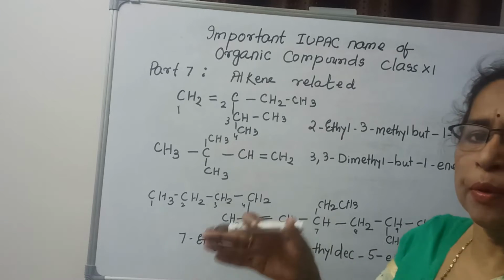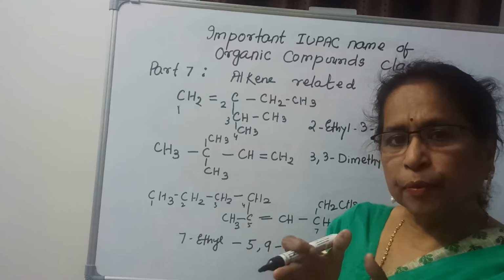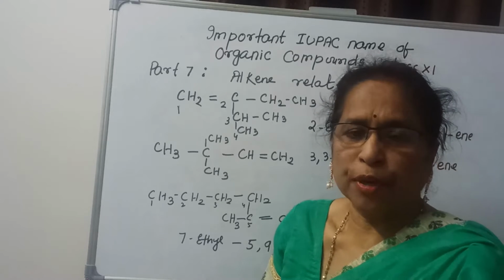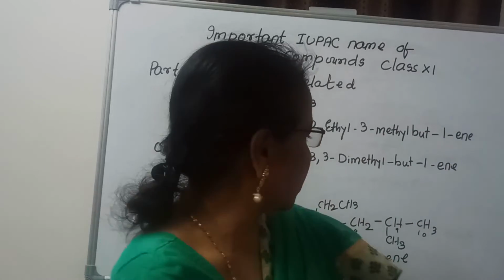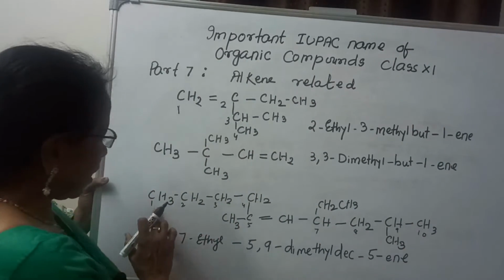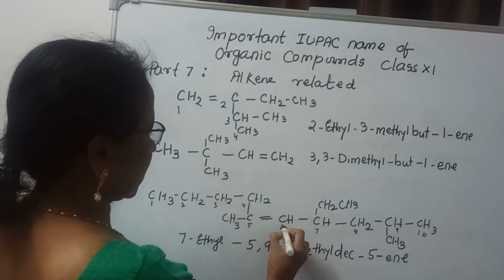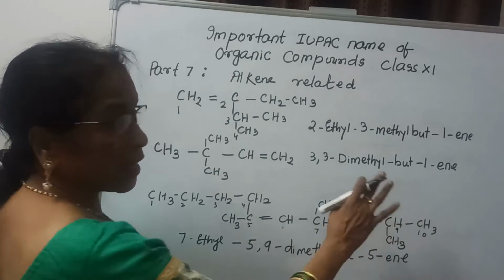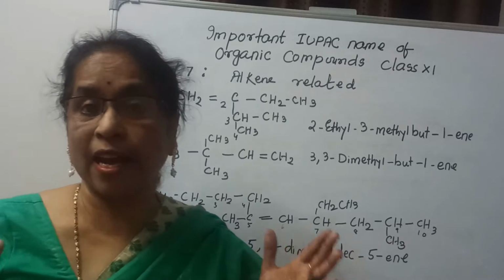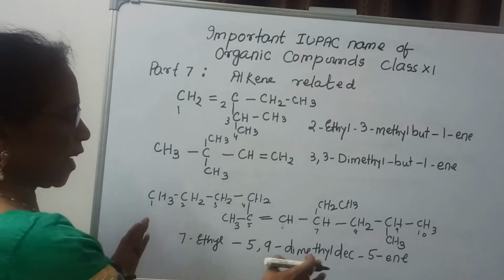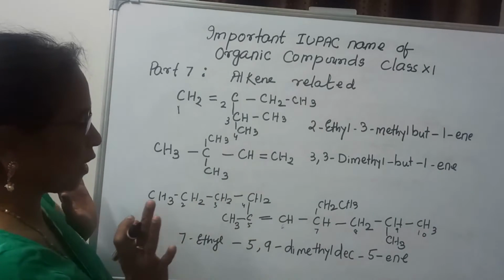And here also you can see, this is a very complicated structure you can feel, but if you break it down easily, then you can understand how to name it. It is very easy. You can see this side 1 2 3 4 5 6, here 6 7 8 9 10, that means the longest chain is 10 carbon, and 10 means dec. And how many double bonds here?